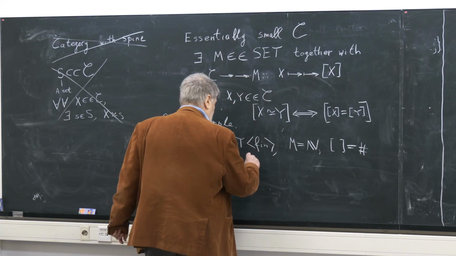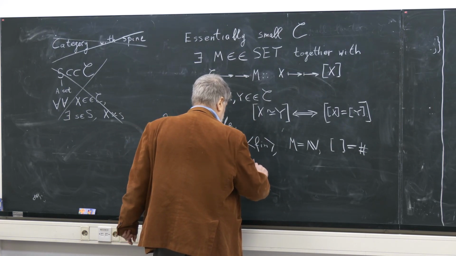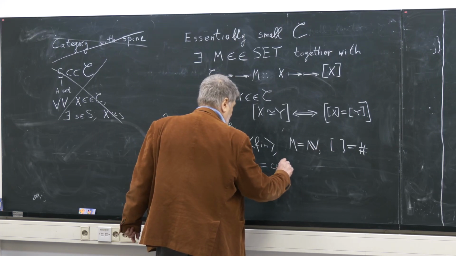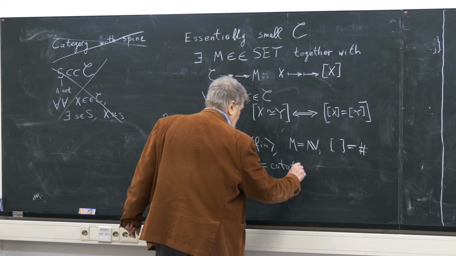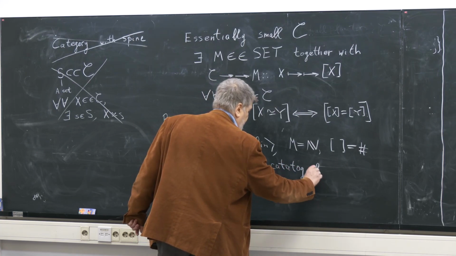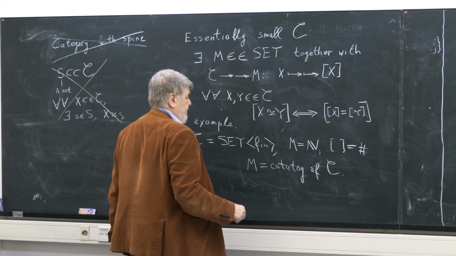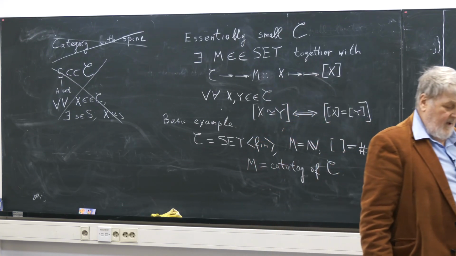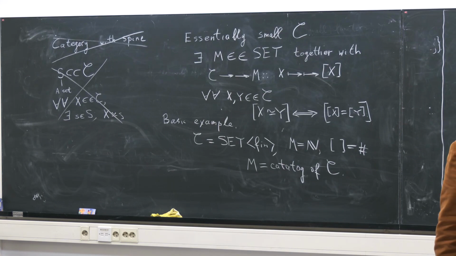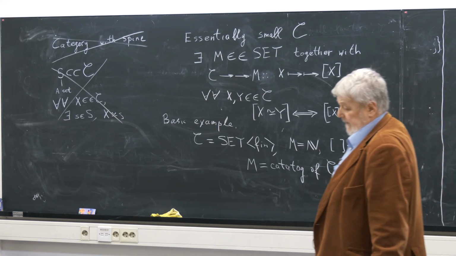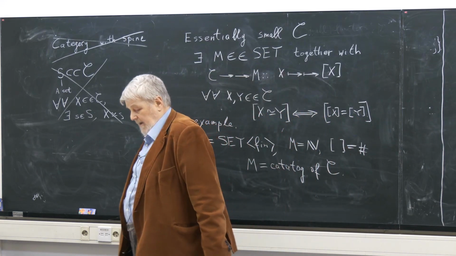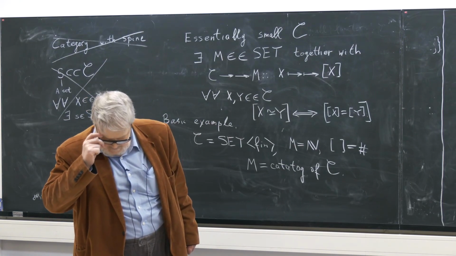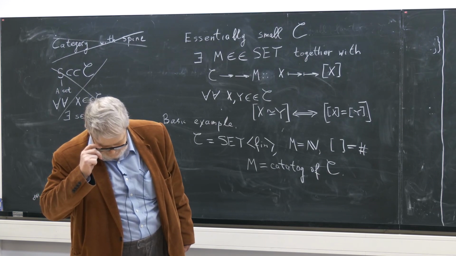Therefore, after that conversation I suggested calling M the catalog of the essentially small category. So a category is essentially small if and only if it has a catalog.